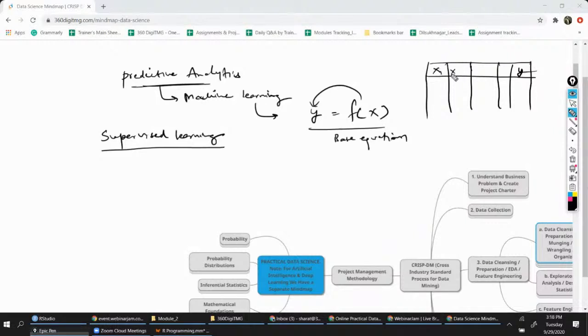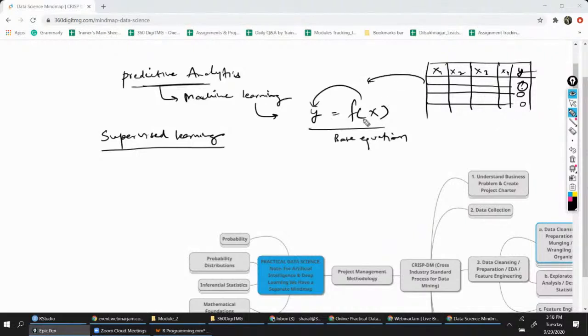So here you'll have X1, X2, X3, X4, for example, and then you have Y. Given the bunch of inputs, X1, X2, X3, X4, what is Y? You upfront know this, right? So you're saying, hey, given these set of values, I'll get this Y. Given these set of values, I'll get this Y. So on and so forth, you're training.